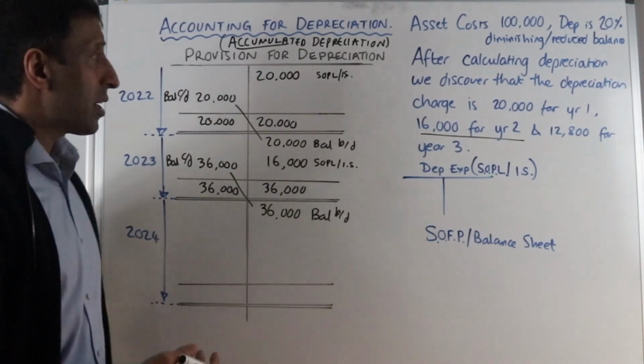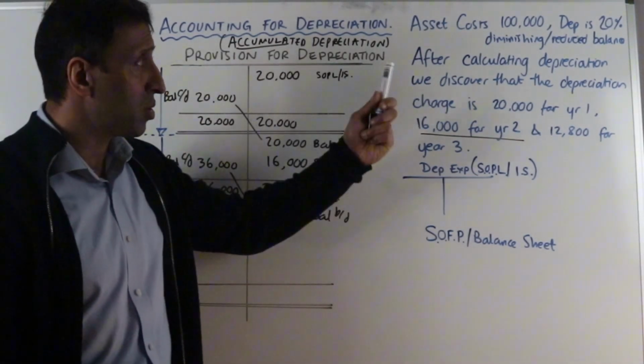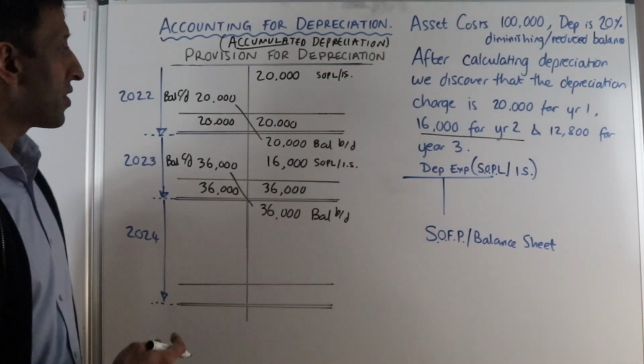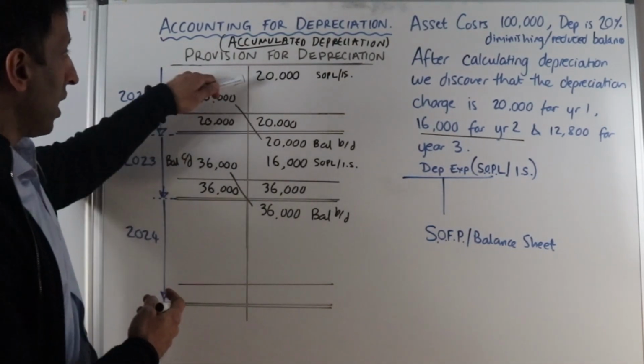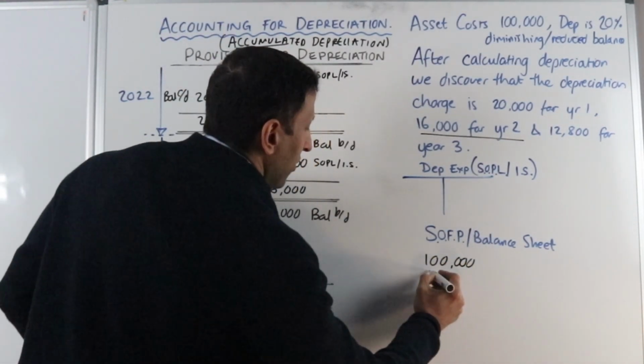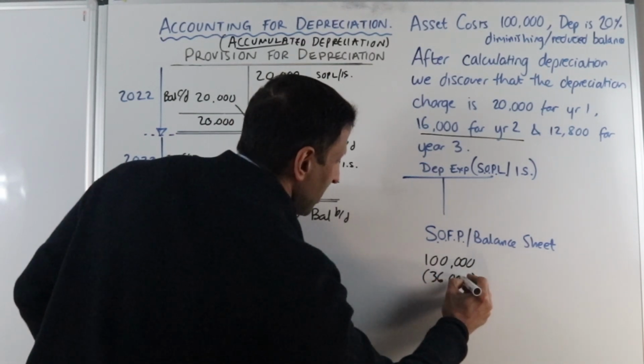Now the diminished value or reduced value now, because we're doing reduced balance or diminishing value depreciation, the reduced balance now of the asset would be, well, if we put it in here, we've got a cost of 100 and we've got total depreciation at this stage of 36.